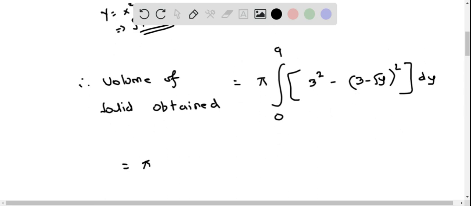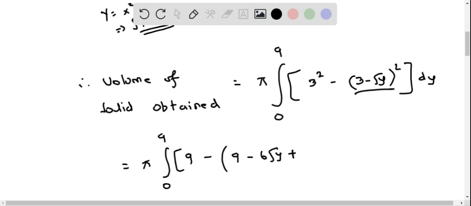So we have pi times the definite integral from 0 to 9 of 3 squared, which is 9, minus, we expand this using the binomial square identity. So that will be 3 squared, which is 9, minus 2 times 3 which is 6, so it is 6 root y, plus root y quantity squared, which is y. And so we put dy.